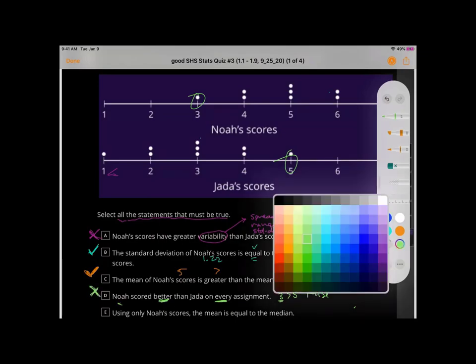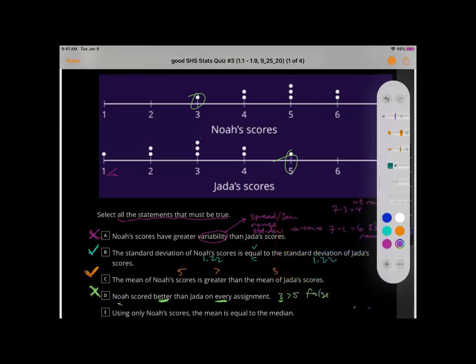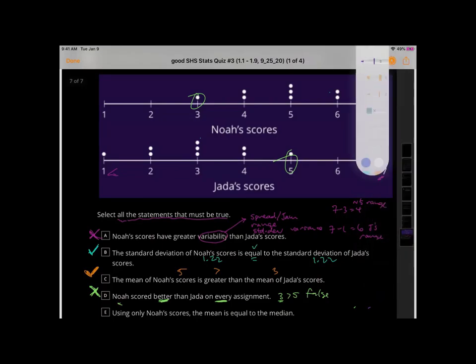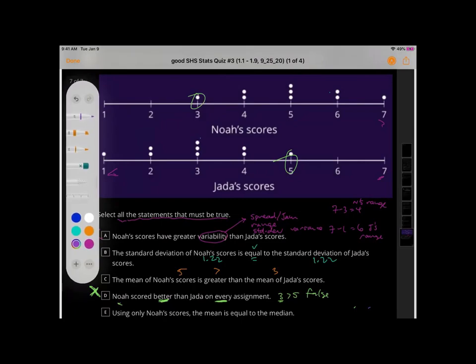And the last one. Using only Noah's scores, the mean is equal to the median. Again, you can do this visually. So let me show you the visual way. The visual is, well, what does it look like? This is normal or symmetric.